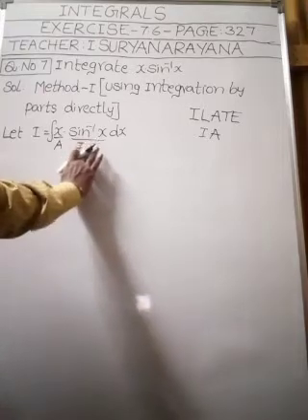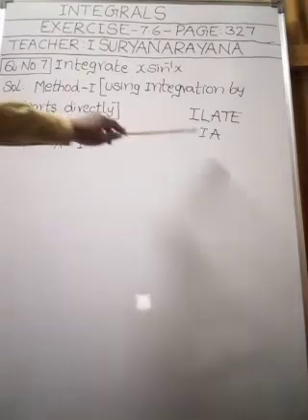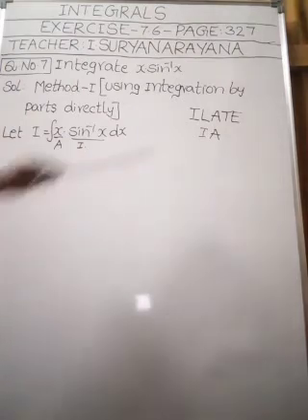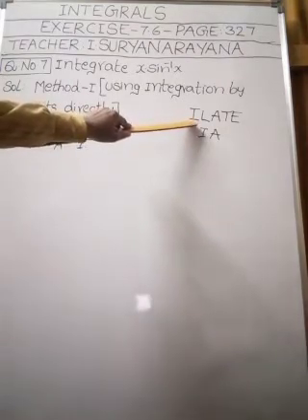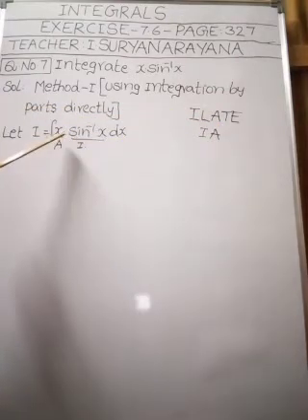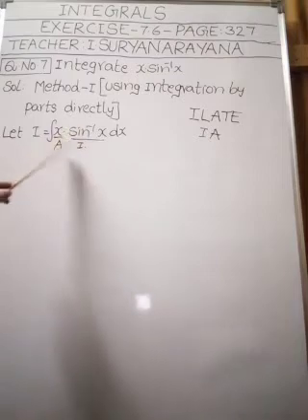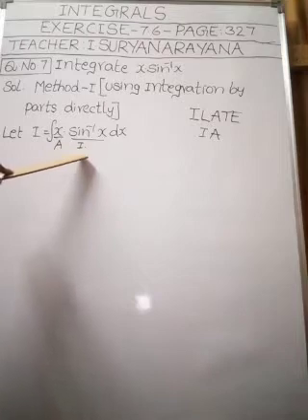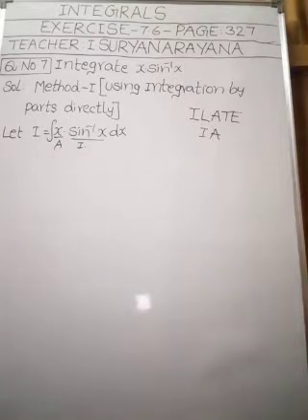These 2 functions are not in the convenient order, because the first function should be the inverse trigonometric function and the next one should be the algebraic function. They are given in the reverse order, so we have to rearrange these 2 functions.